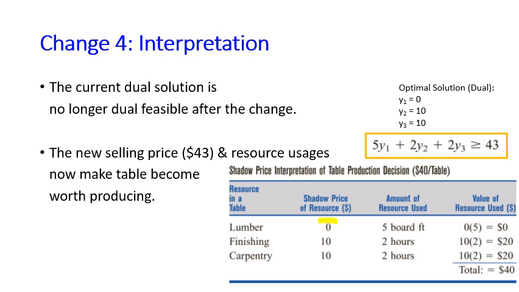Same as before, it is still 0, 10, and 10. Then this is the amount of resource used by the new type of table, and we multiply the shadow price with the amount of resource used. We know that to produce this new type of table, the value of the resources that we use equals $40. With the selling price of $43, it is clear why the new type of table is worth producing.